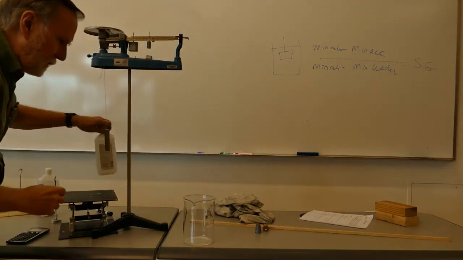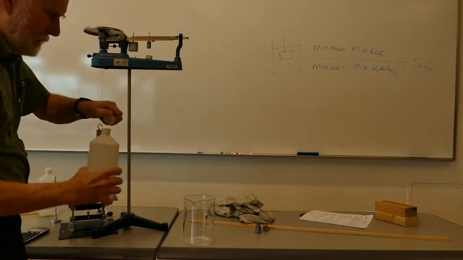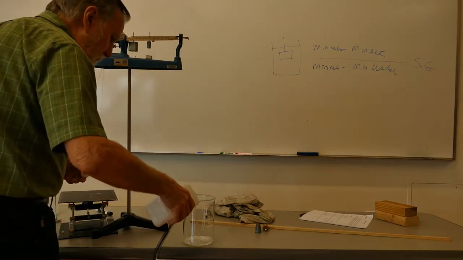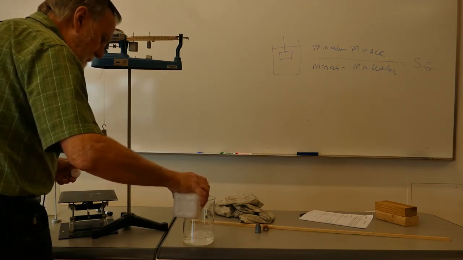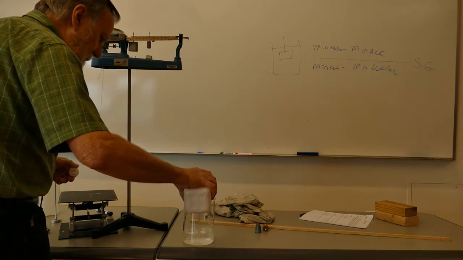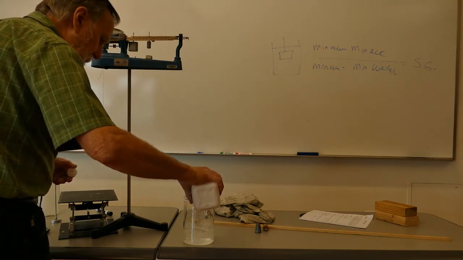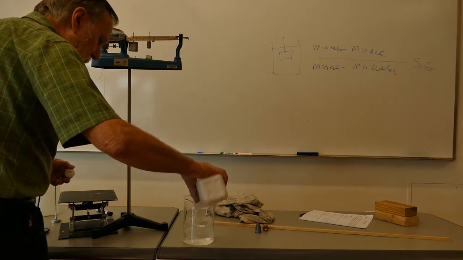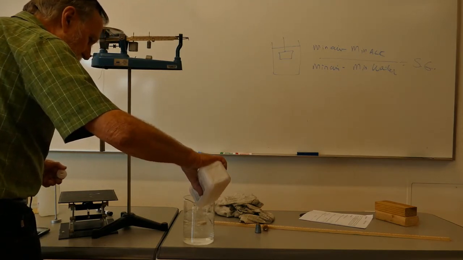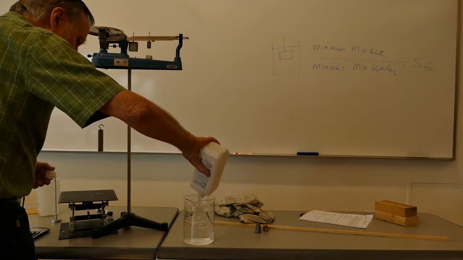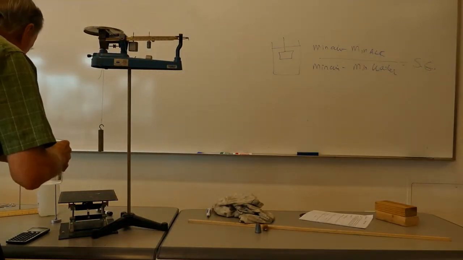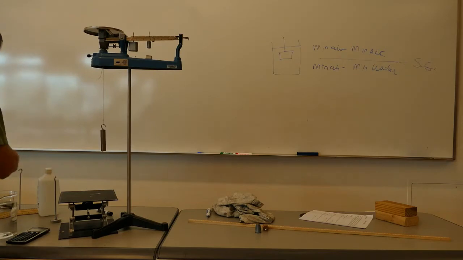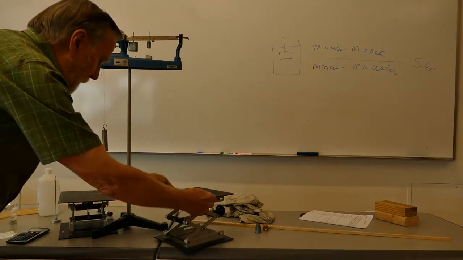So now I'm going to fill the beaker with rubbing alcohol, 70% concentration. That ought to do it. Place the beaker on the lab jack.